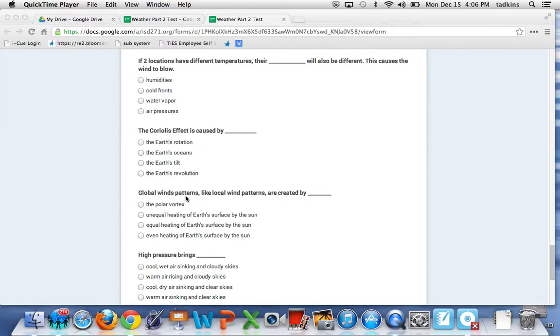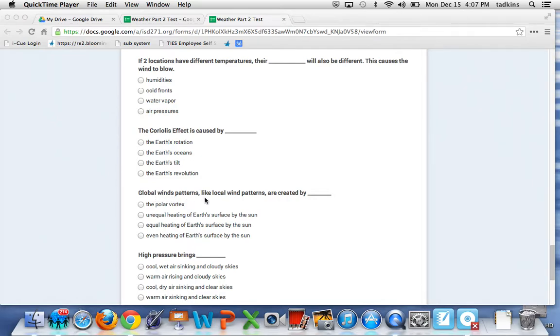Global wind patterns, like local wind patterns, are created by blank. They are created by the polar vortex. They are created by unequal heating of the Earth's surface by the sun.